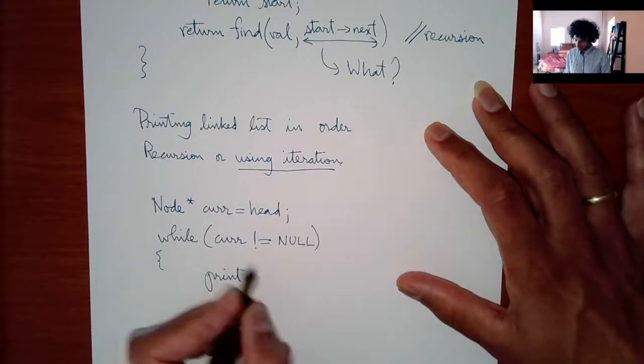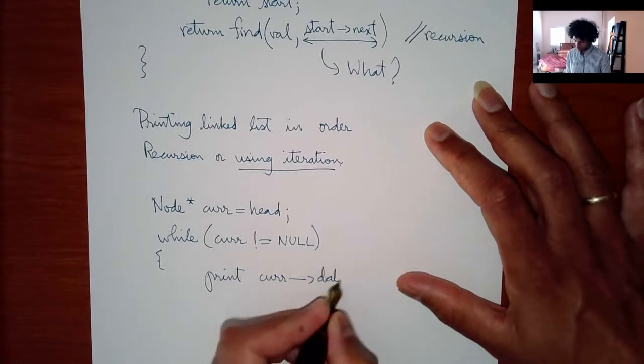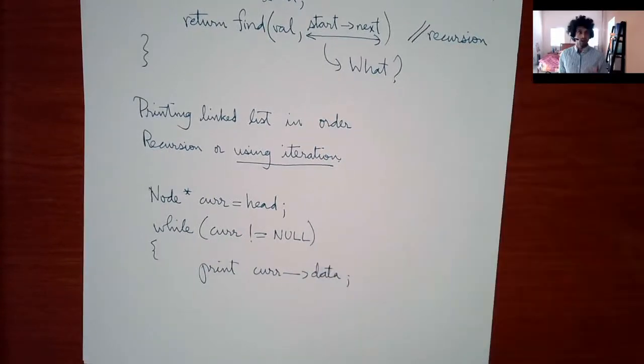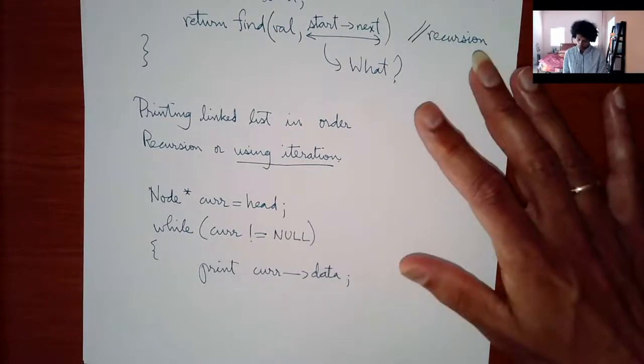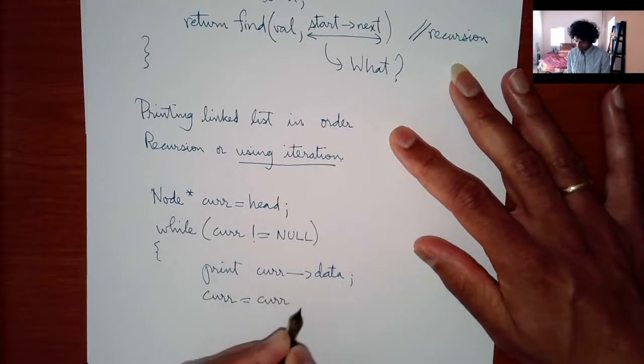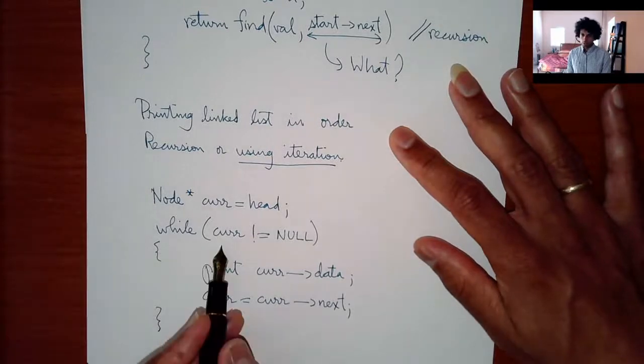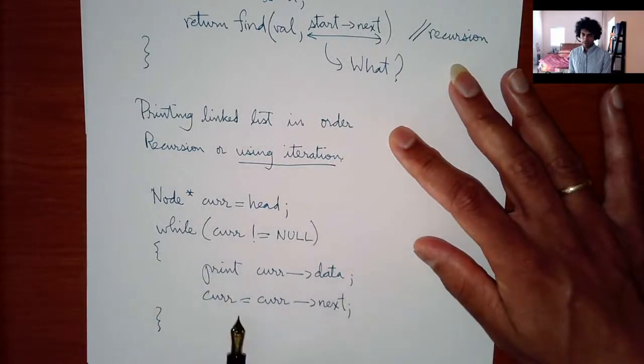you would print current arrow data. Yes, I know this is not a line of code, but you print it using printf or cout or whatever have you. And then you do current is equal to current arrow next. This is your typical iterative idea, where you have a pointer and you keep advancing it by reassigning it to next.